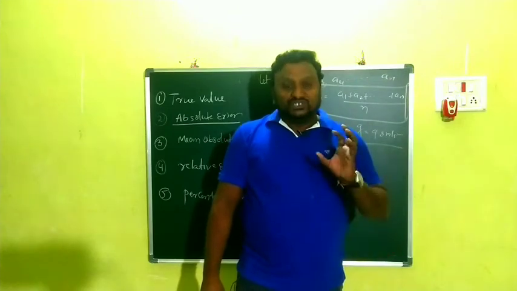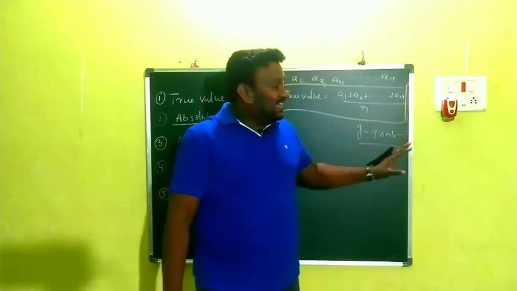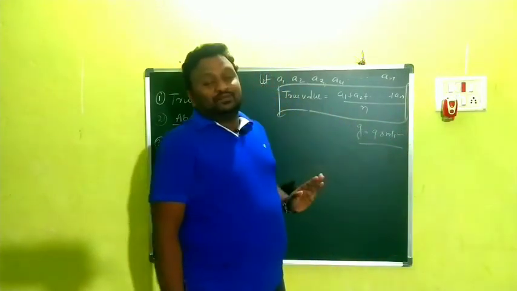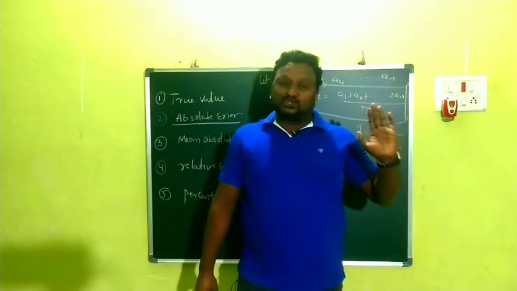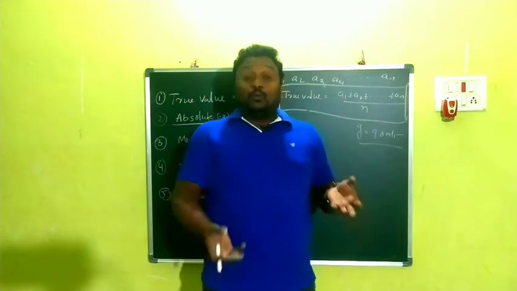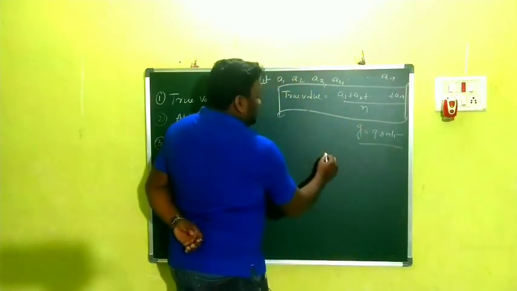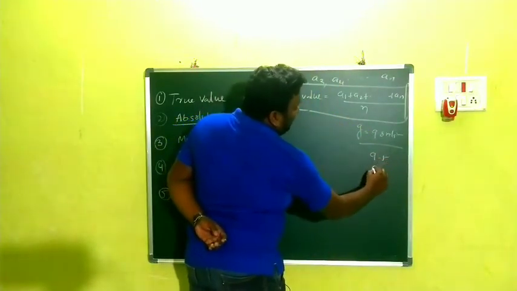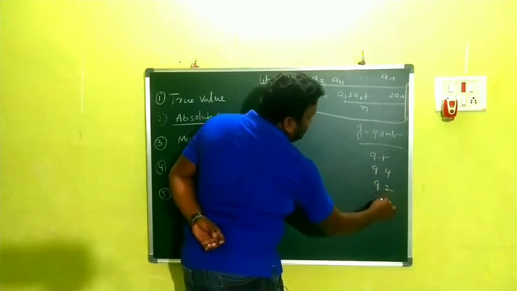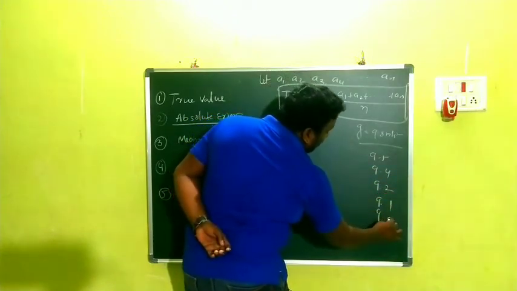Clear? So this 9.8 is the true value. We did one experiment, and we got values like 9.5, 9.4, 9.2, 9.1 and 9.9.